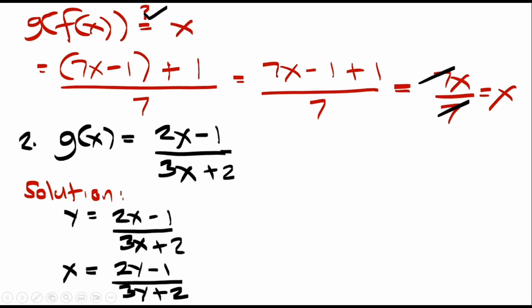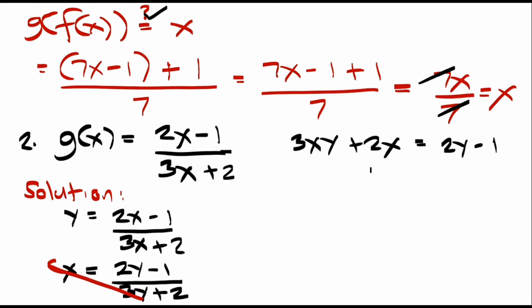And then solve for the new y. So we'll just cross multiply this. So by cross multiplication, we have x times 3y, so that would be 3xy. And x times 2 is plus 2x equals 2y minus 1. So here we are solving for y.